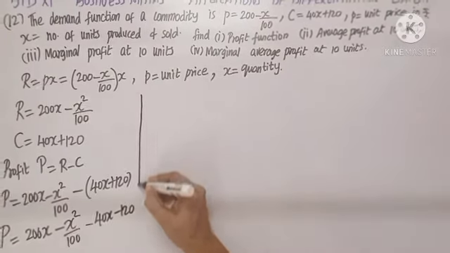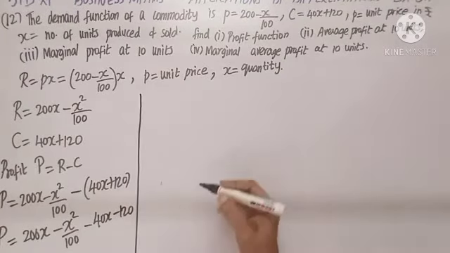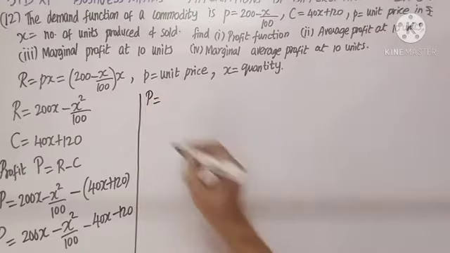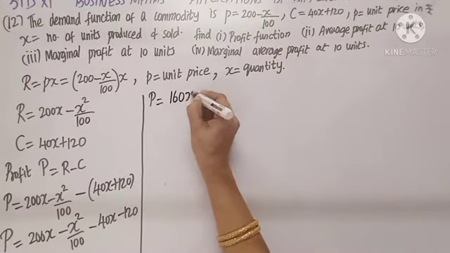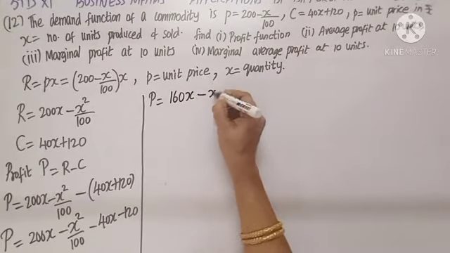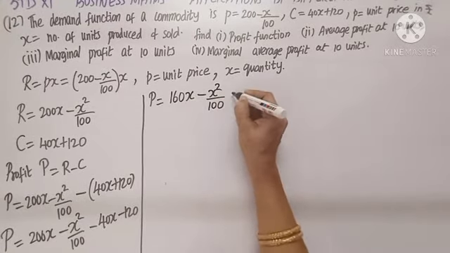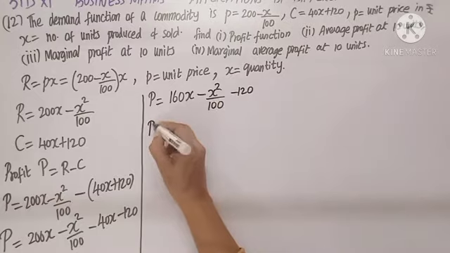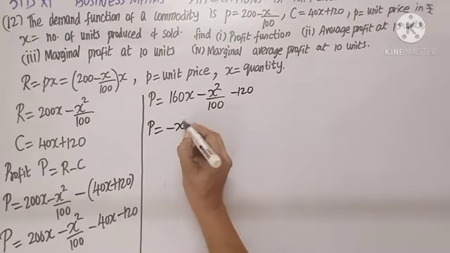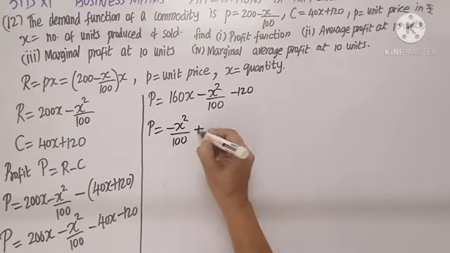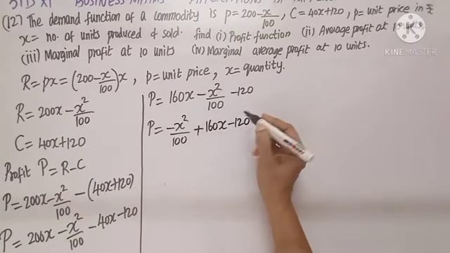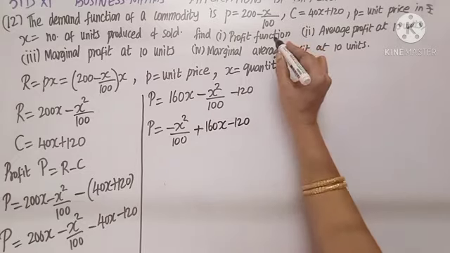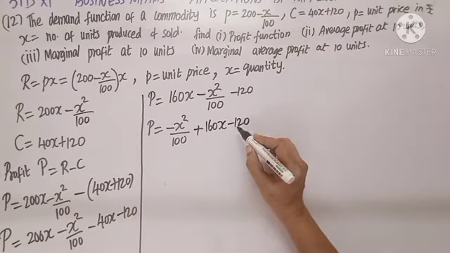As we simplify, it is capital P equals 200x minus 40x is 160x minus x square by 100 minus 120. We write x square term first and then x term, finally the constant. Profit function is the first subdivision and that is over.